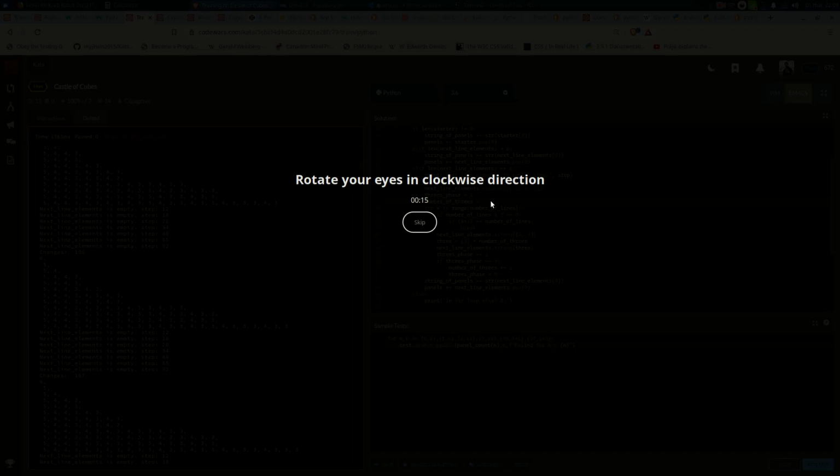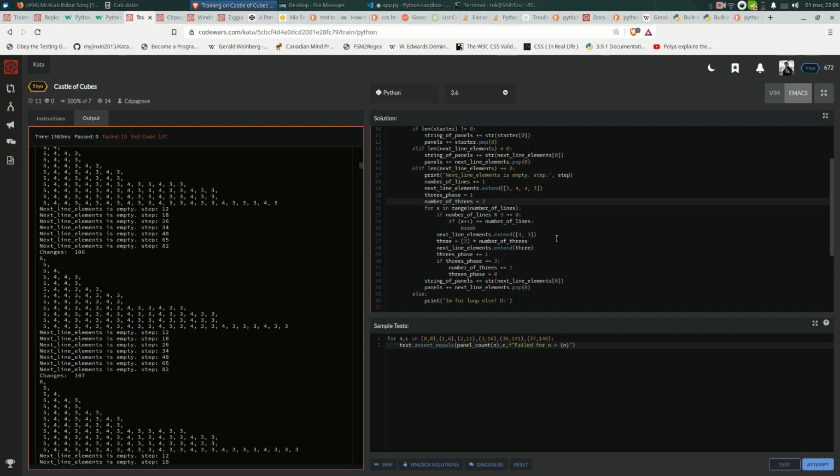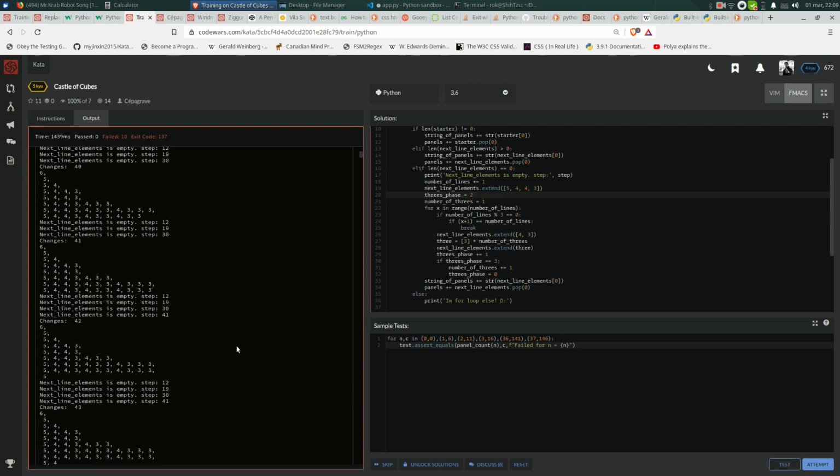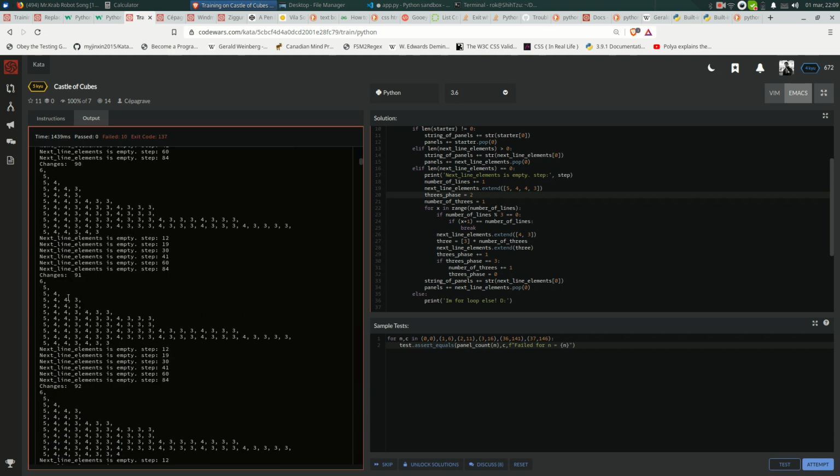What if we start with, instead of 1, if we start at 2? Oh, what did we do? So, no, I think we changed the wrong variable. Number of threes, we should do threes face is 2. 1, 2, 3, 3.